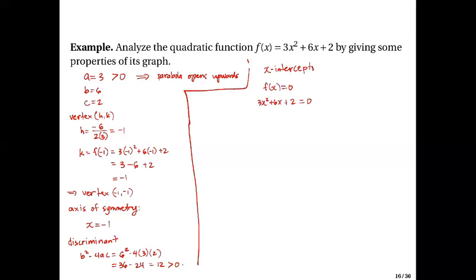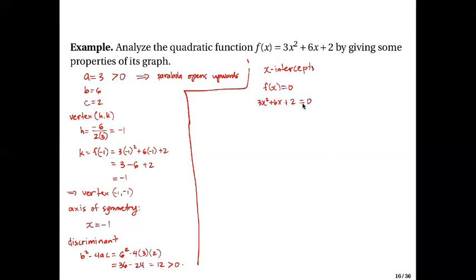You can factor this. You can complete the square. Okay? I think let's complete the square. So how do we do that?